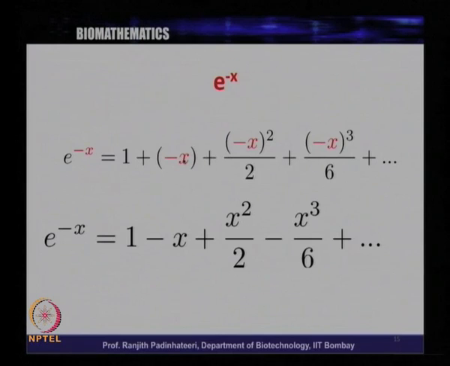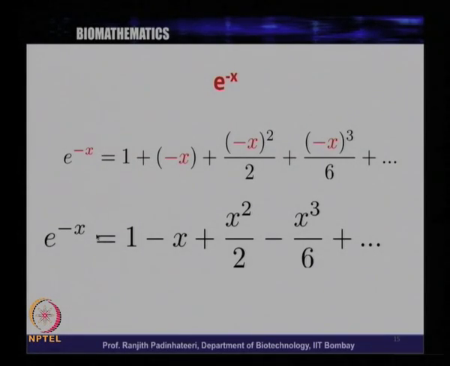Now, 1 plus minus x is 1 minus x, minus x square is plus x square by 2, and minus x cube is minus x cube by 6. So, if you do this, you will get this.